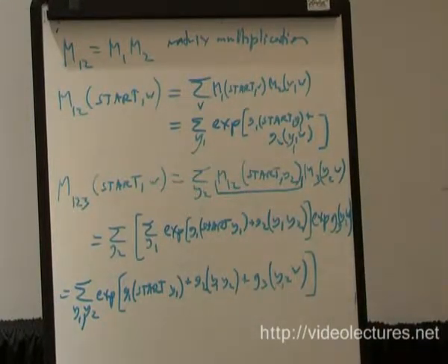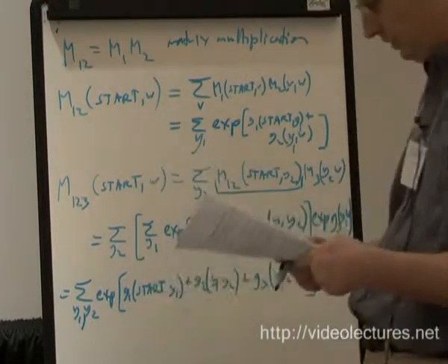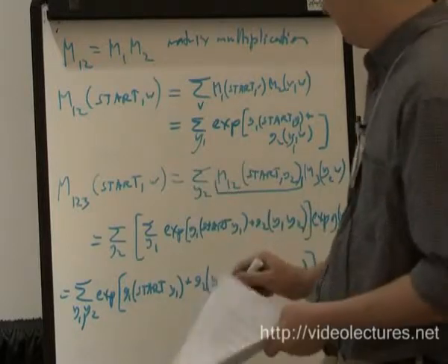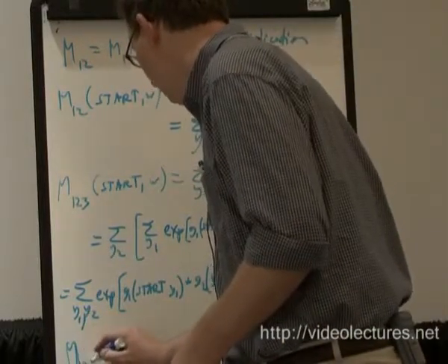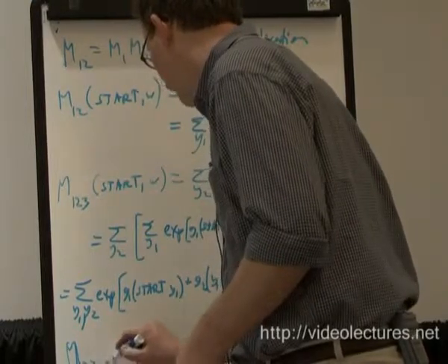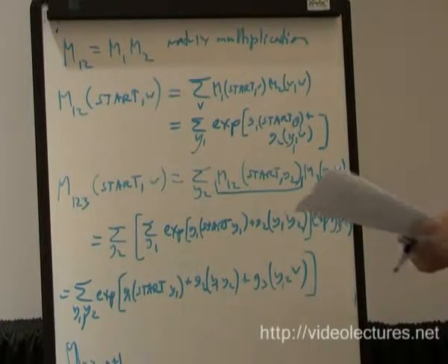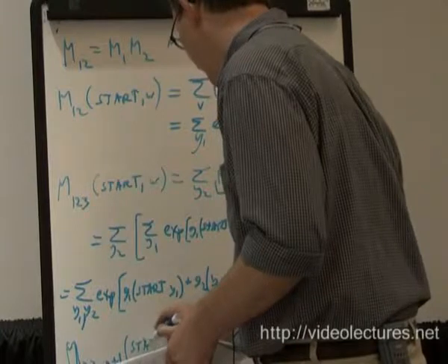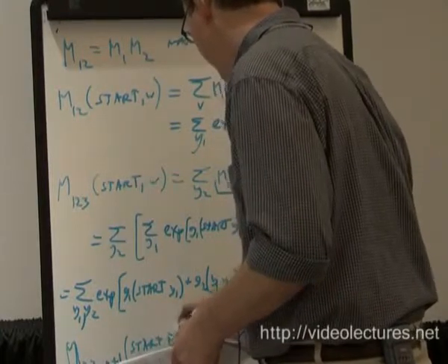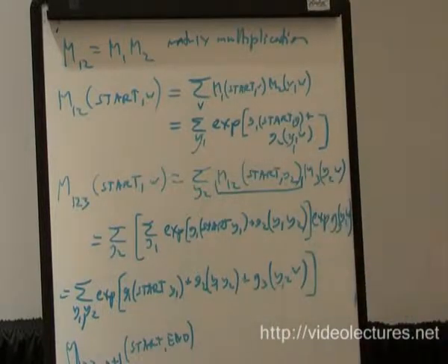And I can continue, and so eventually, if I've multiplied together all the matrices 1, 2, 3 up to n plus 1, I can look at the start end entry of this combined matrix.